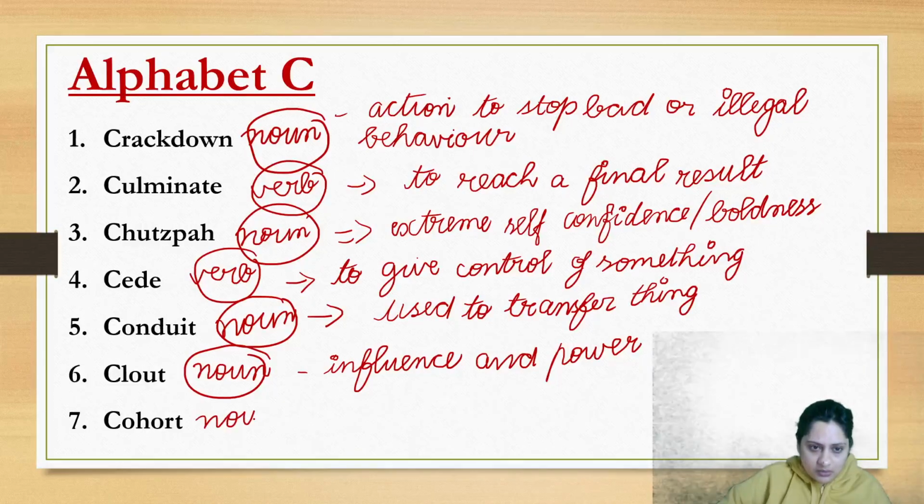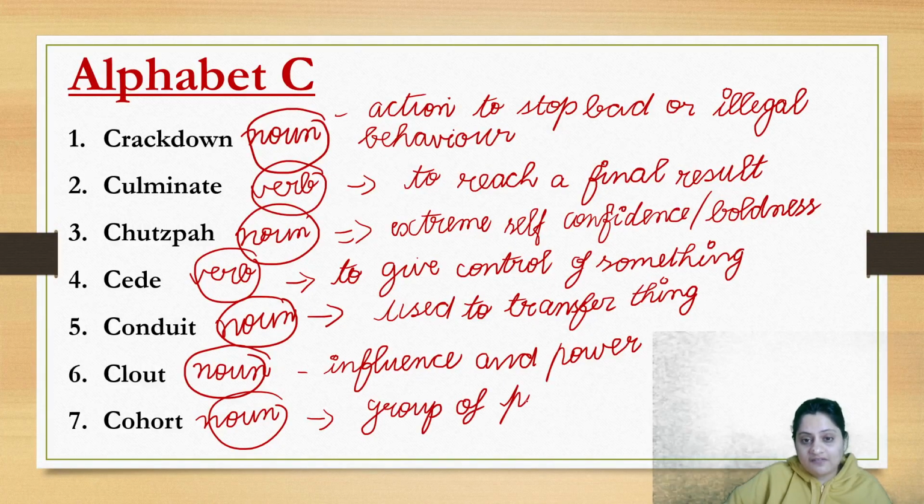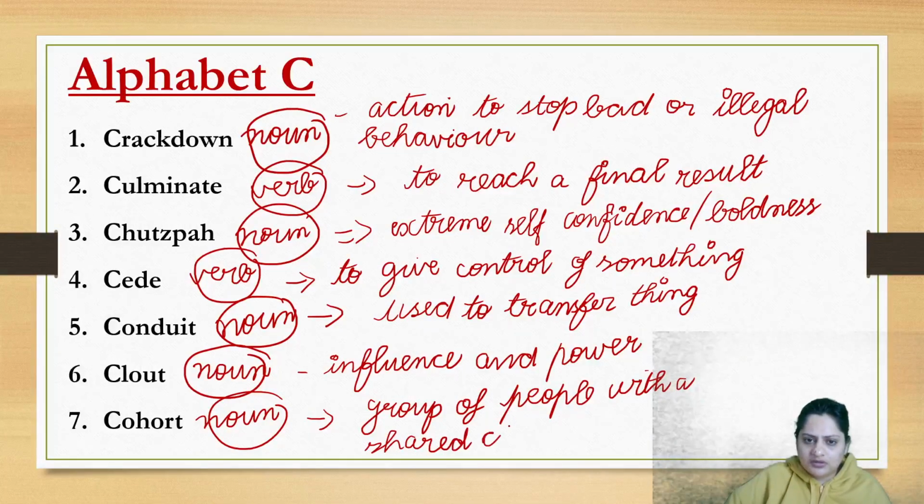Cohort is again a noun word, guys, which means group of people who have a similar characteristics. Okay, with a shared characteristics. For example, a similar age group, okay, of people. So that is a cohort.